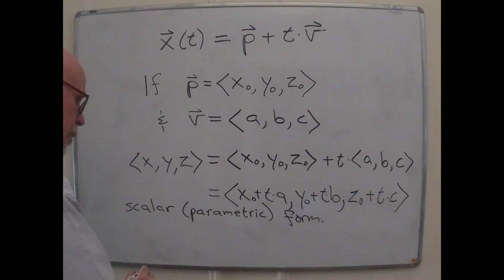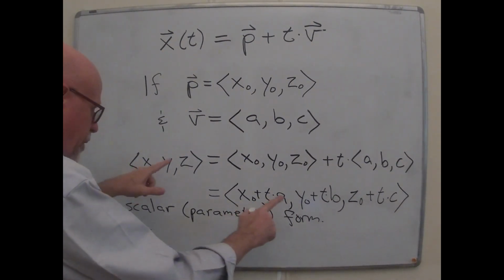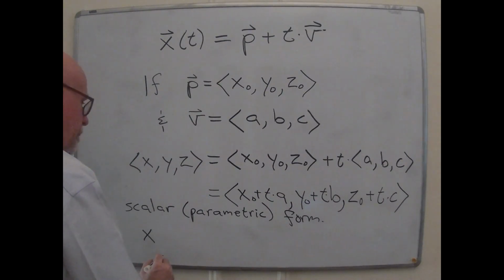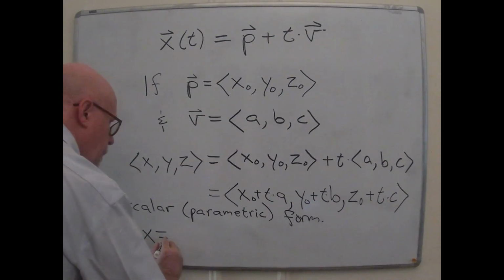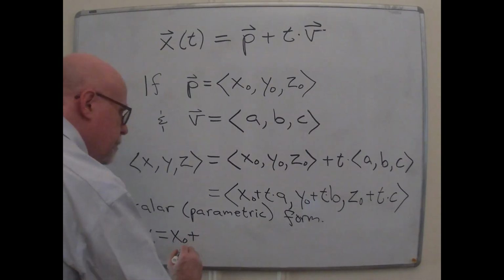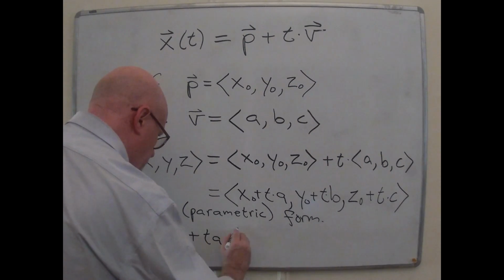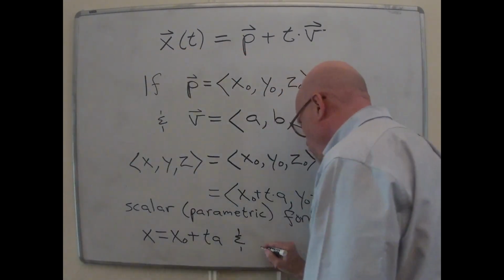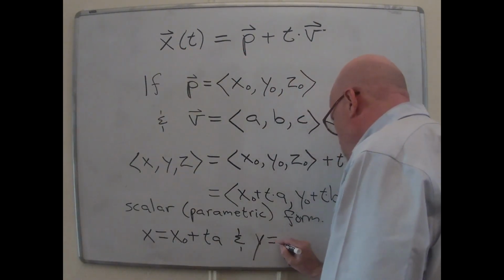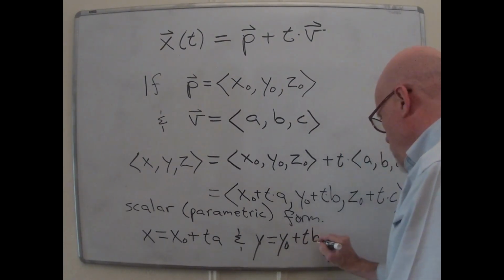So the scalar parametric form just looks like plucking out what's happening in the various coordinates of the vector form. X is x naught plus t a. Y is y naught plus t b.